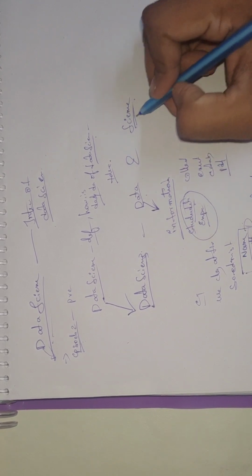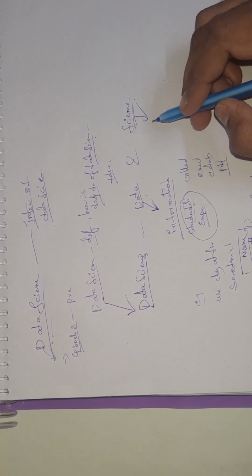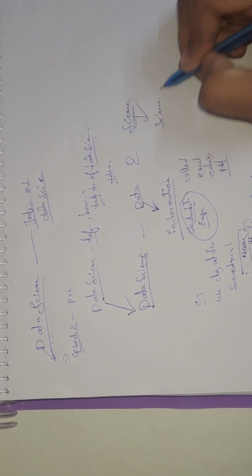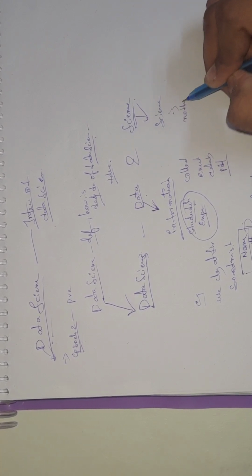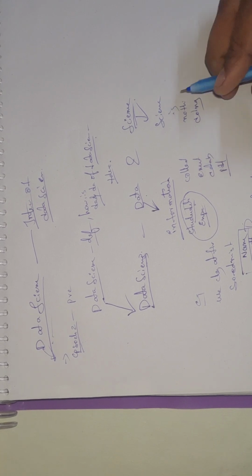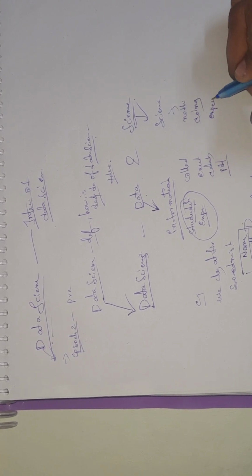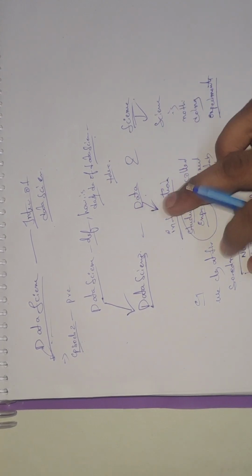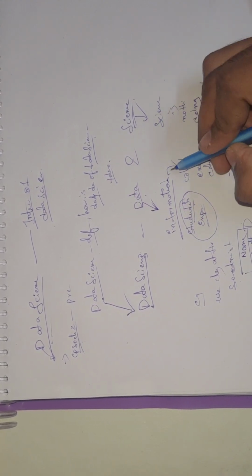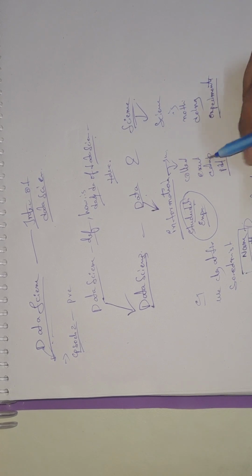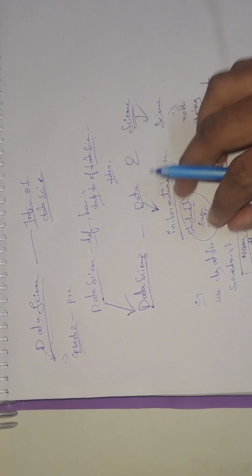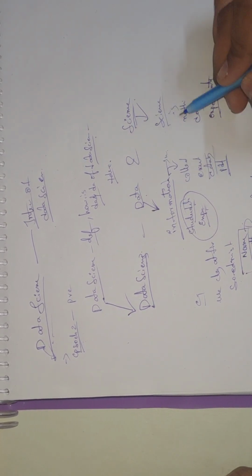Coming to the other part, science. From childhood onwards, we see that science is nothing but doing experiments. Here data is information that may be collected in an Excel sheet, database, PDF, any format, any information like student details, employee details. Coming to the next part, science is nothing but doing experiments.